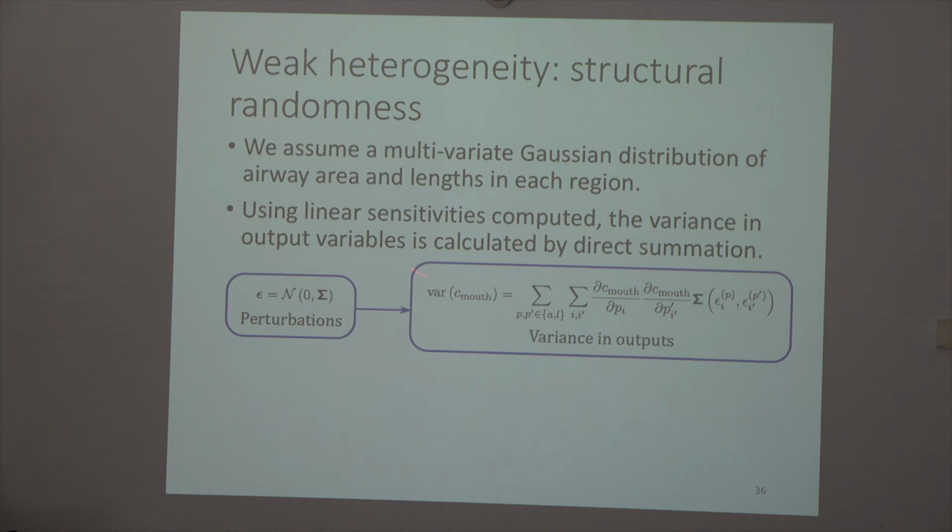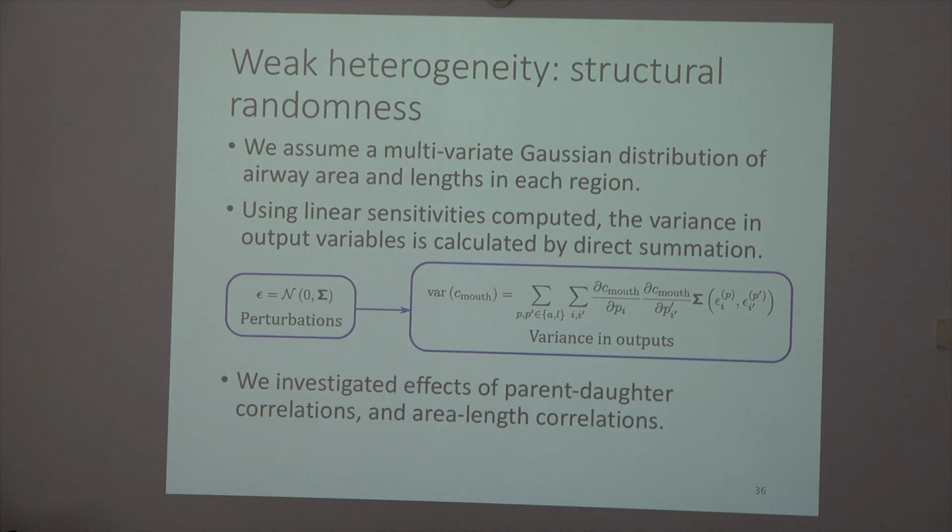I can then estimate what the variance of my various measured parameters are going to be by doing basically a big sum of each sensitivity squared, more or less, or well, each sensitivity interacting with each other one that it interacts with via this big covariance matrix. So you're essentially adding up all the variances that come out from each perturbation. And you do that after the simulation has run, and then can try different scenarios with the same set of sensitivities you've measured.